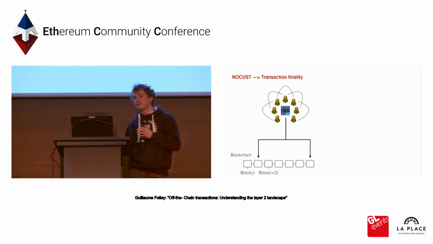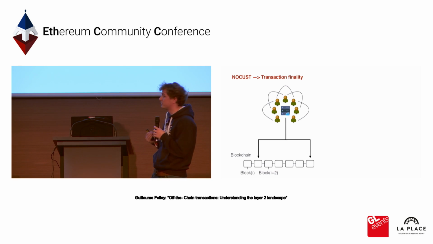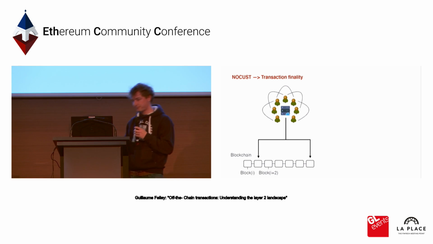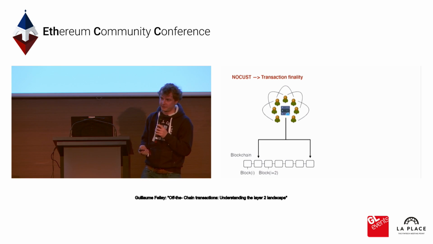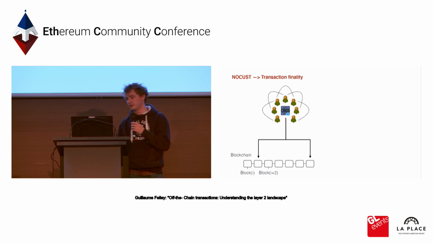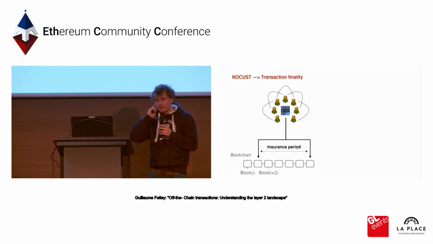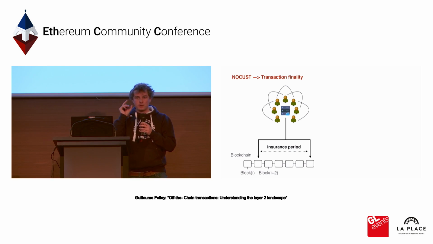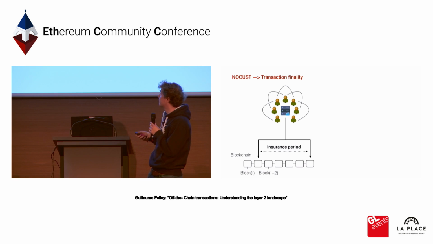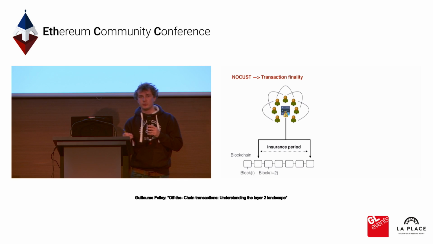What that means is that if I make a transaction now, maybe I will have to wait a very long period of time before my transaction is actually included into the checkpoint and therefore confirmed. That's not great, right? I might need to wait 20 hours or up to 36 hours for my confirmation. The way that we get around that is that we have an insurance period. We provide a pool of collateral that is used to insure not yet confirmed payments.